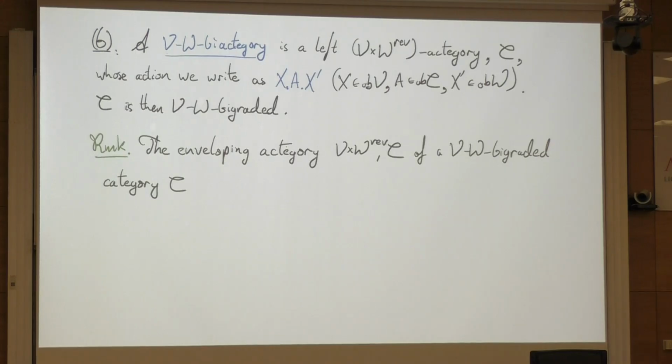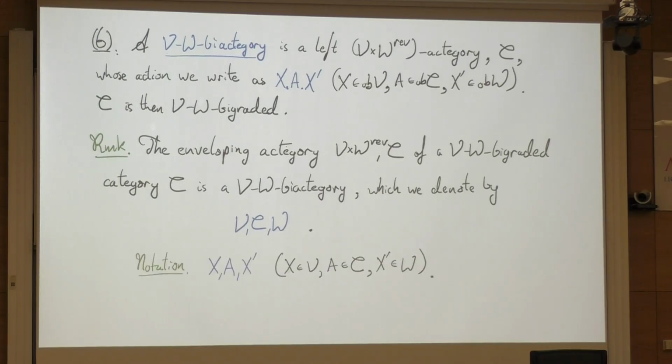We can take the enveloping actegory of a V-W bigraded category, and it is also an example of a V-W biactegory. And we denote it with this notation, V tick C tick W, the enveloping actegory of a V-W bigraded category. And in there, we can use the following notation for the action, unsurprisingly.